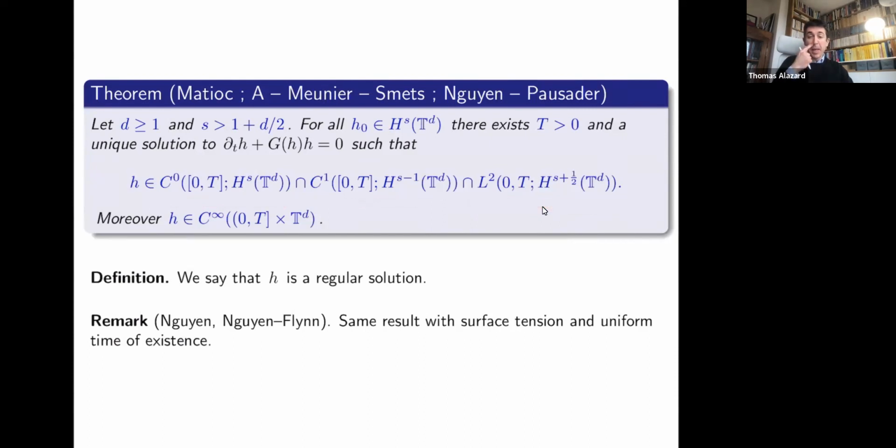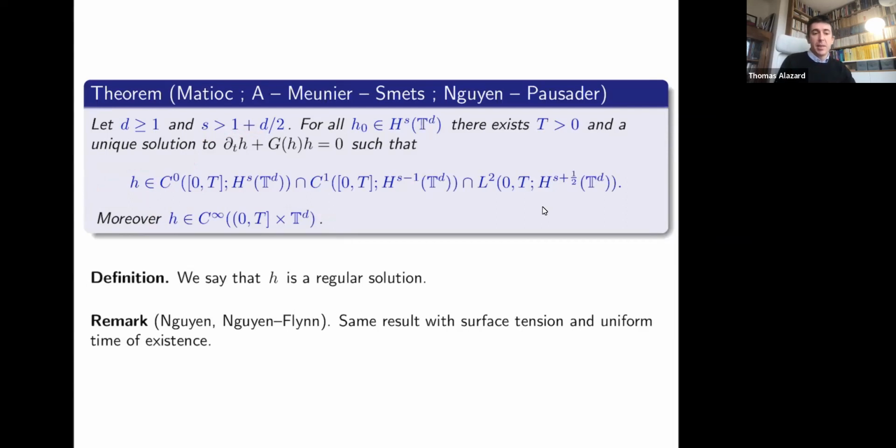The last point has to do with parabolic smoothing effect, which implies that for positive time, the solution is smooth, say C infinity. In the following, we will say that h is a regular solution, provided that it satisfies this condition for some index s larger than 1 plus d over 2.